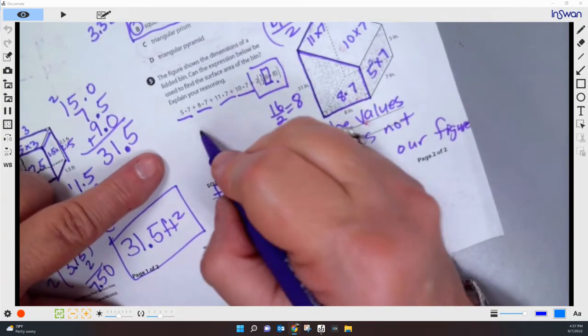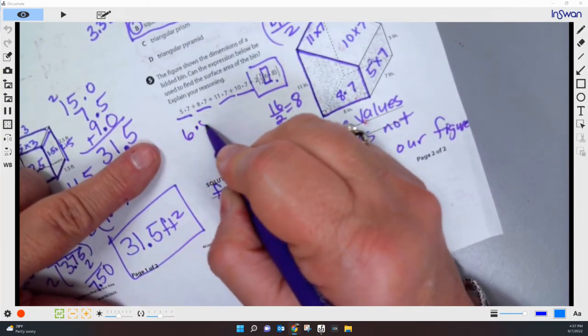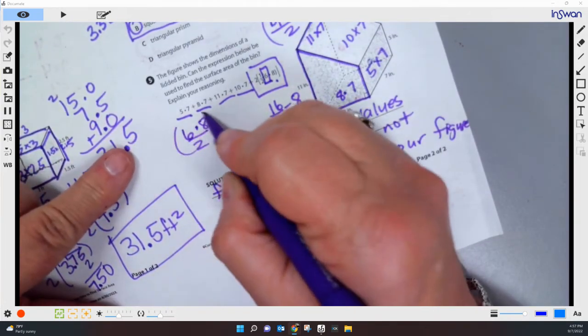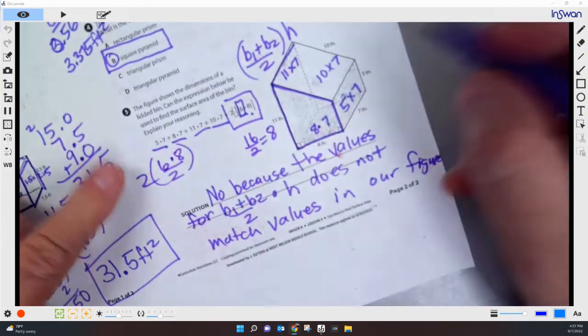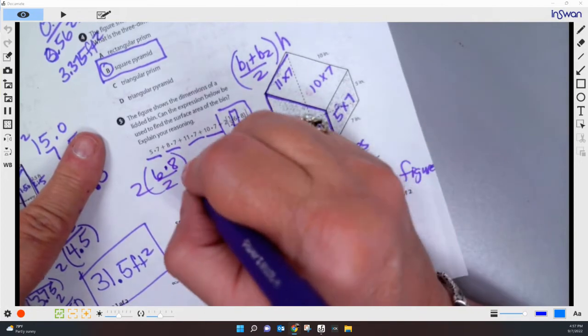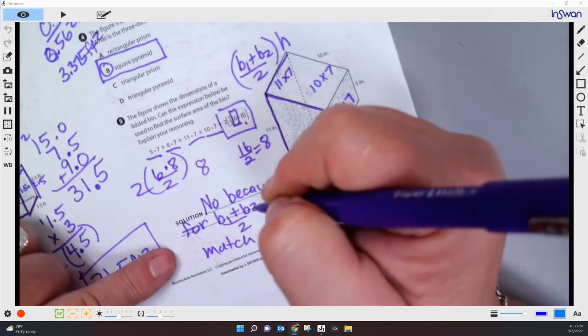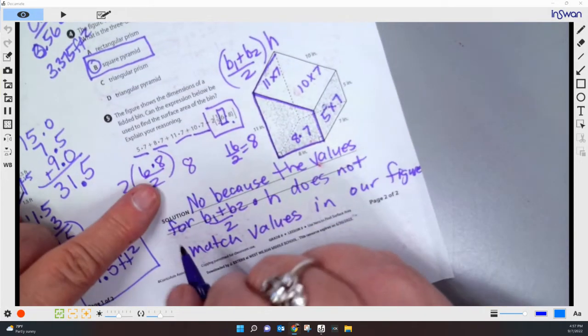So what they have is the 6 times 8 divided by 2, and there's 2 of them. We don't have a 6 over here. What that should be is 8, excuse me, not 8.